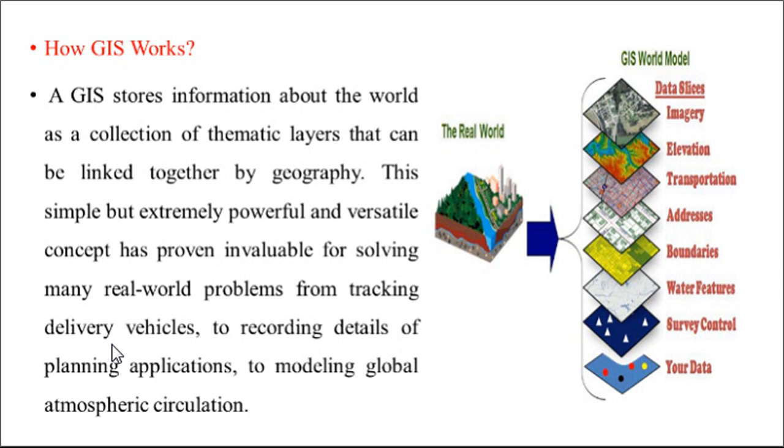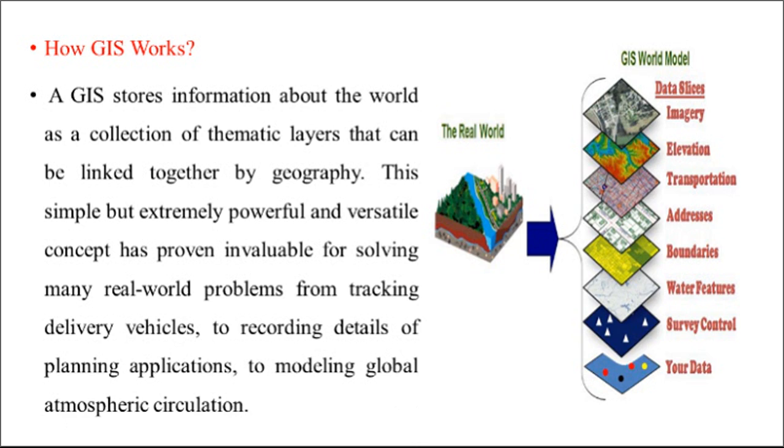Another example, if we have sent a courier, we can check directly on our computer whether the courier is dispatched to the particular person or not. So, all these are different applications, and in this way GIS works in actual life.